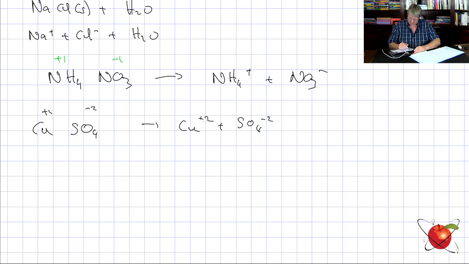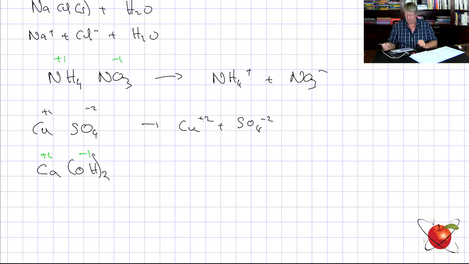Calcium hydroxide is CaOH, but hold on. It's in words, so I've got to go +2, -1. So over here there's going to be 2 of those, correct? Okay, so calcium and hydroxide, there's 2 of those because -2, +2.